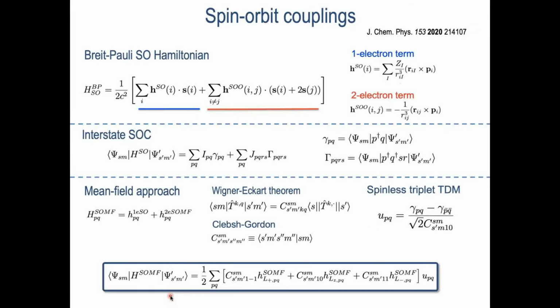At the end of the day we can express the couplings within this mean-field approach between two electronic states with spin S and M microstates with this expression, where we have interaction terms, some coefficients that are Clebsch-Gordan coefficients, and this density matrix. And what is interesting here is that the dependence on the M values is only in the Clebsch-Gordan coefficient.